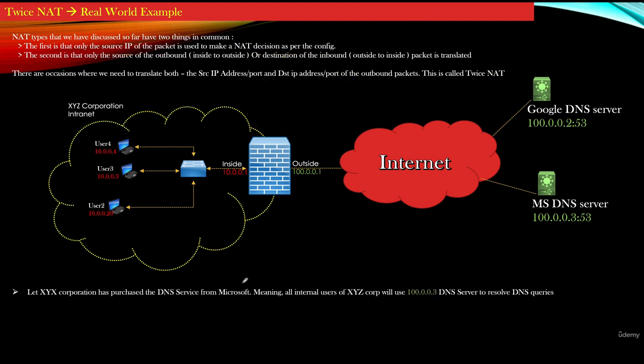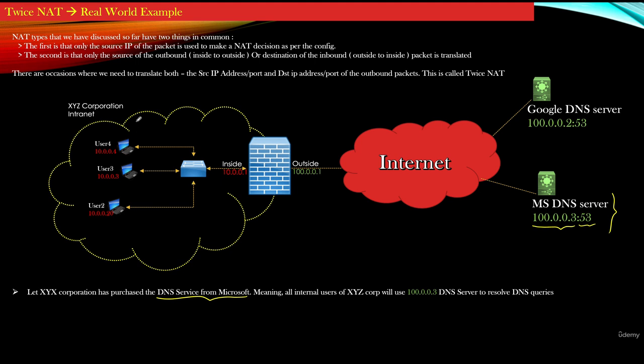So going further, let us discuss the use case where twice NAT will be used. Let's say that XYZ Corporation has purchased the DNS service from Microsoft. Microsoft is running a DNS server in its intranet on a public IP address, let's say 100.0.0.3, and on port number 53.